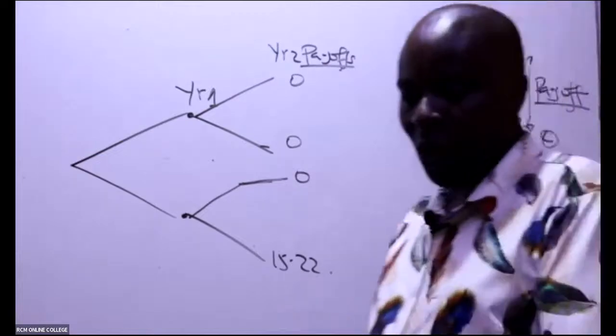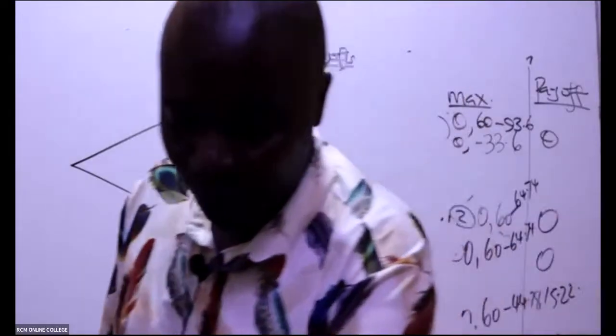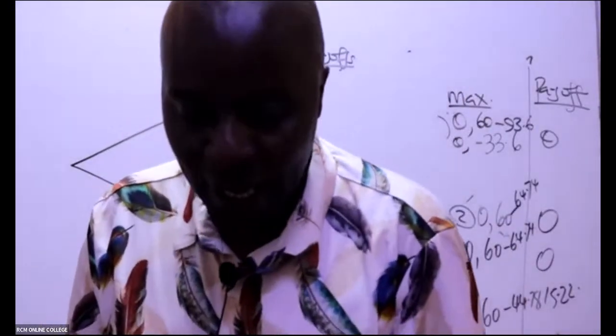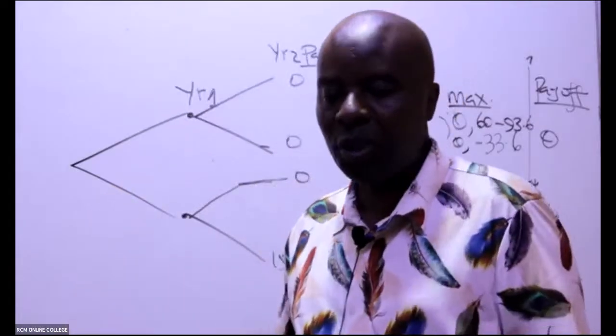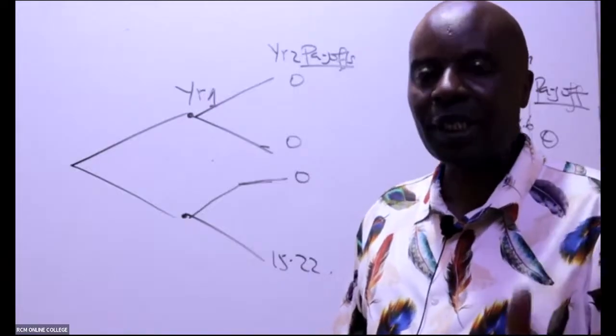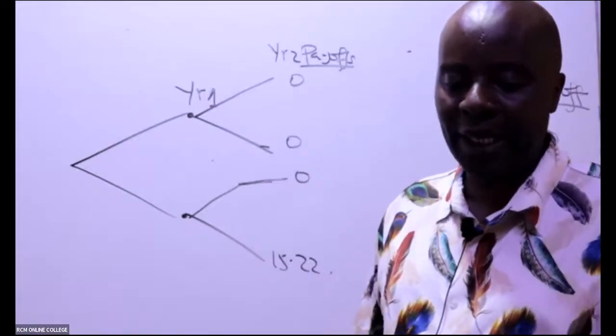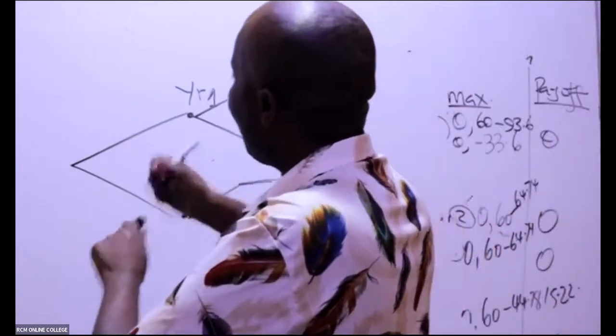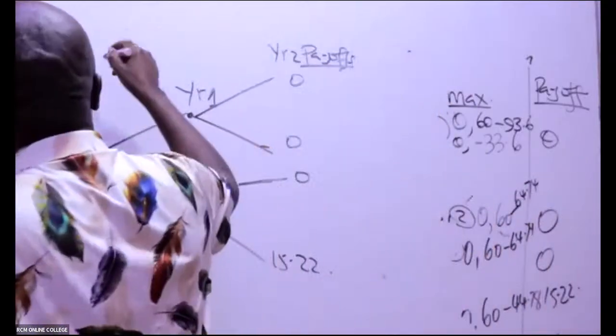Now, ladies and gentlemen, after you do that, you'll get to almost our last step, called probability calculations. You give us what we call the risk-neutral probability. So after you finish doing this, come and give us the risk-neutral probability.